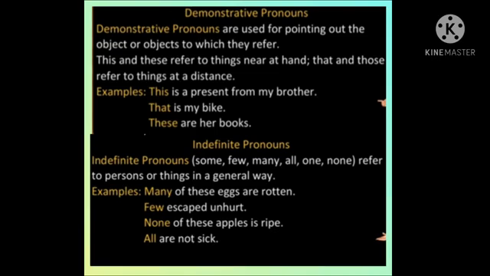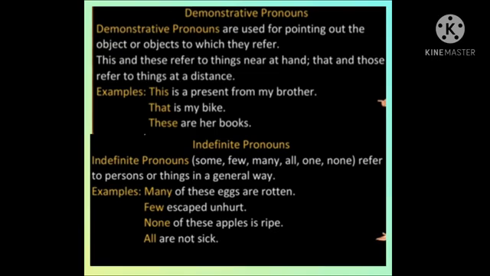That is called demonstration. So these demonstrative pronouns are used for pointing out the object or objects to which they refer. And we have only 4 demonstrative pronouns: this and these, that and those. This and these refer to things that are near at hand, near to us.